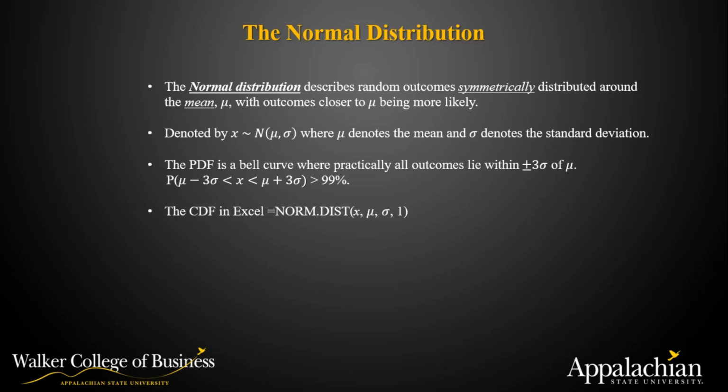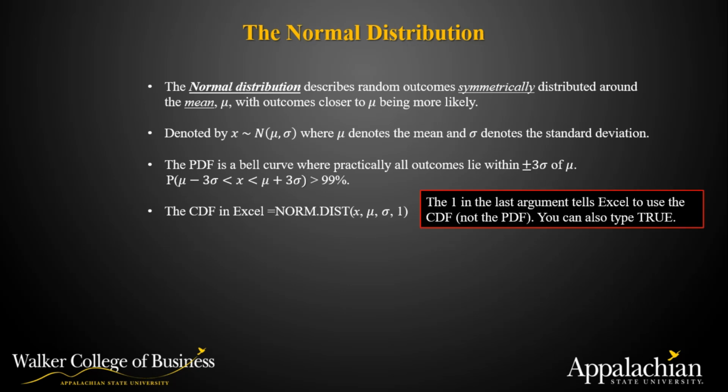The CDF calculates the area underneath the bell curve and can be accessed in Excel by typing in equals norm.dist, where the arguments for this function are the value of x that you want to evaluate the CDF at, the mean, mu, and the standard deviation, sigma, of the distribution, followed by a 1.